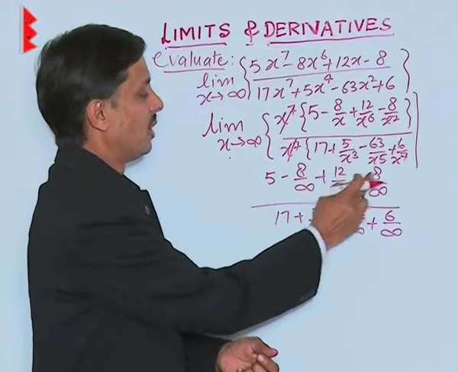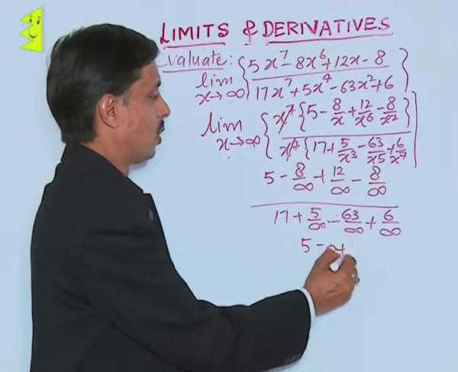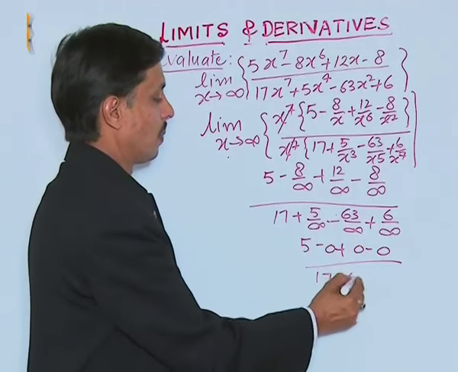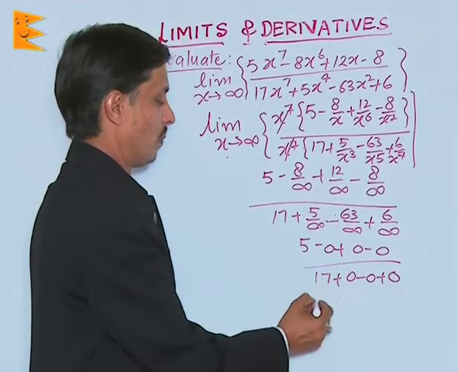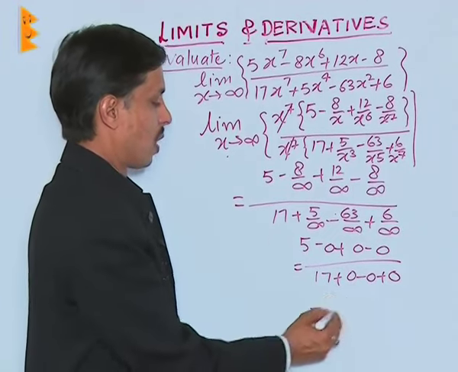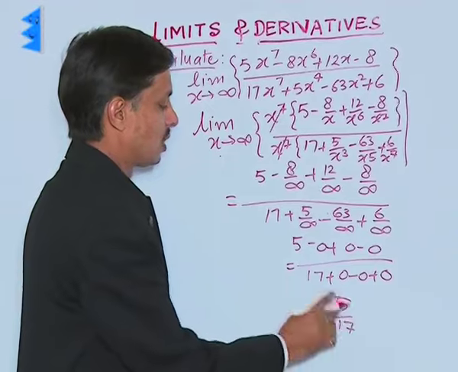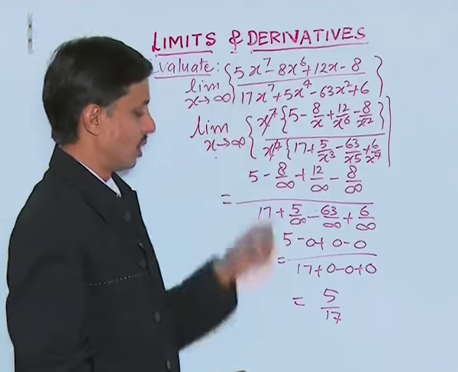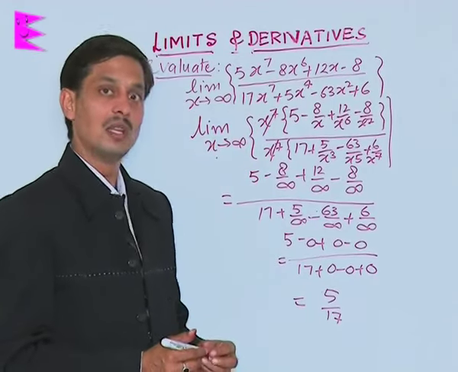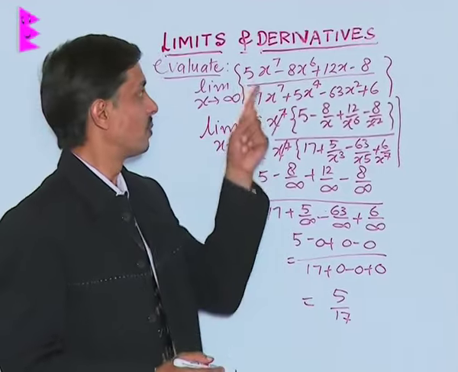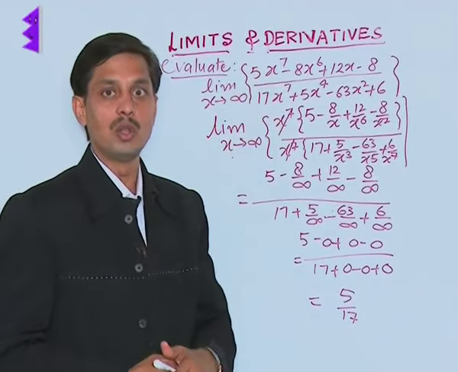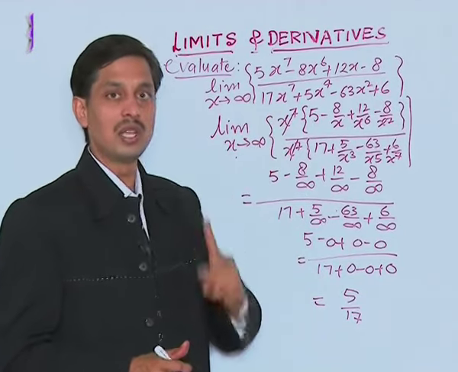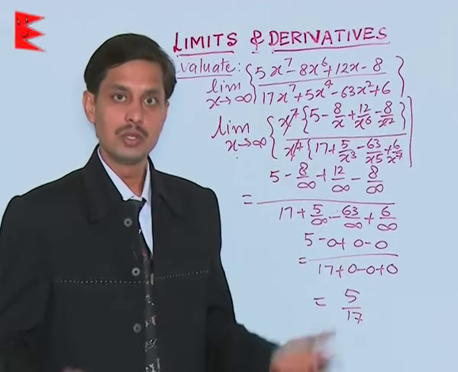Any number upon infinity is 0, so this becomes 5 minus 0 plus 0 minus 0 upon 17 plus 0 minus 0 plus 0. So the net answer of the problem is coming, as I was telling you, the ratio of the coefficients of the highest degree terms, 5 by 17. In case the degree of the numerator is more than the degree of the denominator, the answer has to come infinity, and if the denominator's degree is more, then the answer will be 0.